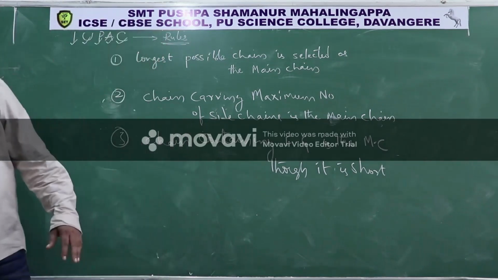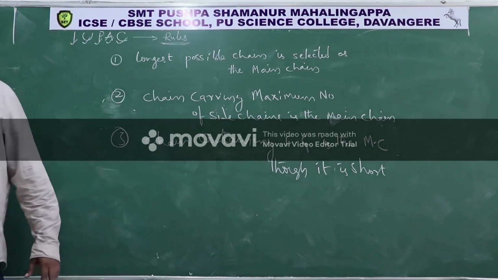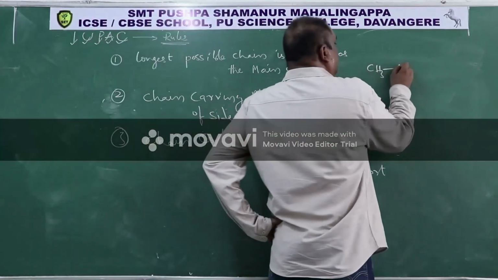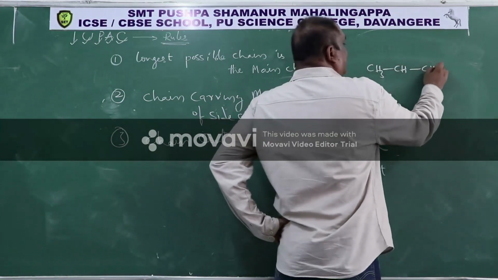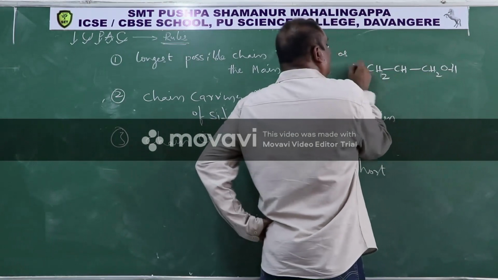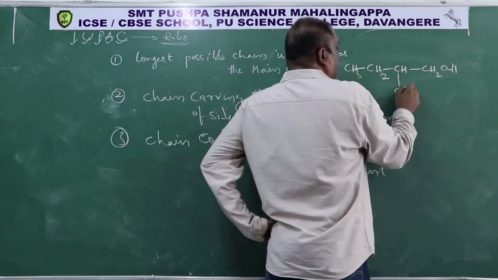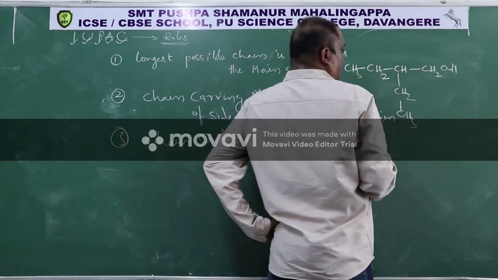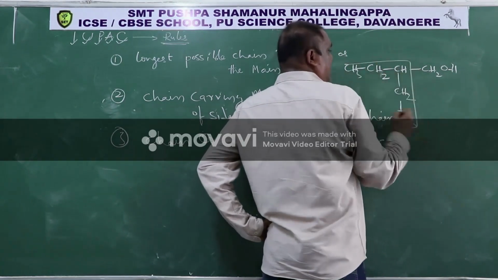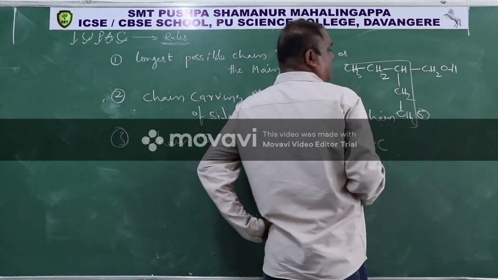Let me write one example here. CH3, CH, CH2, OH, here CH2, CH3, CH2, CH3. So the longest possible chain is 1, 2, 3, 4, 5. This is longest possible because it is having 5 carbons.